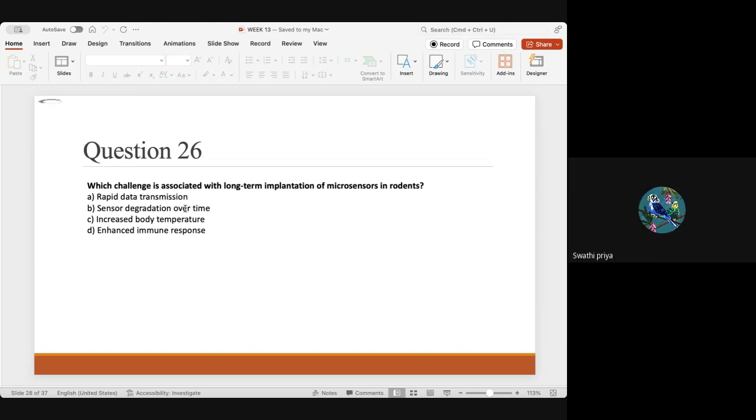Sensor degradation. Which option? B. Yes, sensor degradation over time.